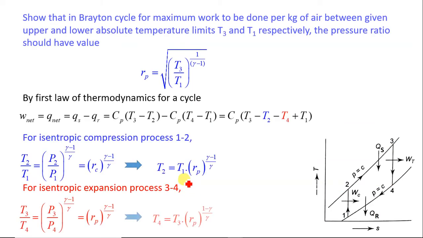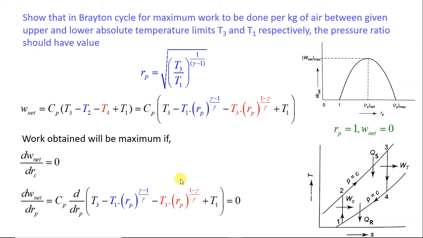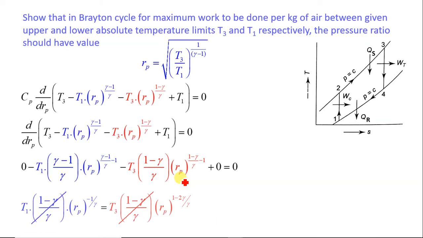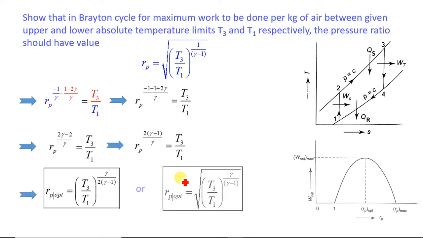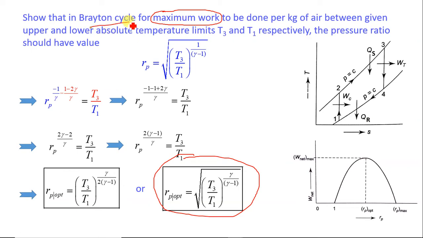We are not going into the derivation part. This derivation is similar to the Otto cycle. Here you can see this equation, the optimum Rp equation. When this optimum Rp value is maintained, we get maximum work in the Brayton cycle.